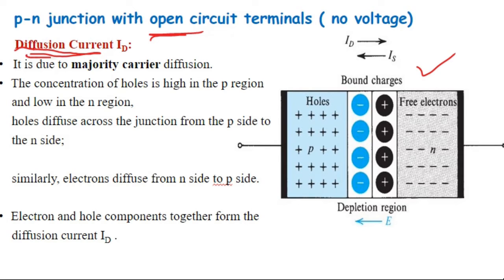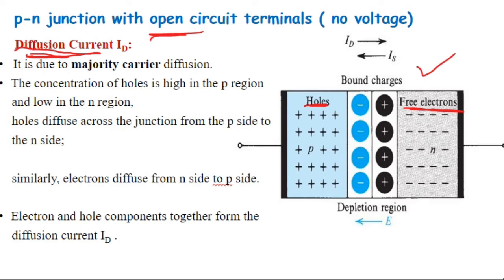We know that diffusion current is formed when free electrons and holes move from a higher concentrated area to a lower concentrated area. In this P-type material, the majority carriers are holes, and in N-type they are free electrons.